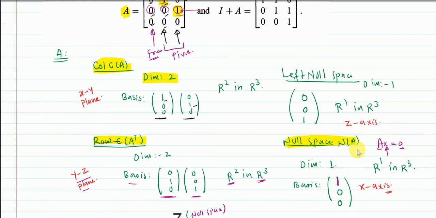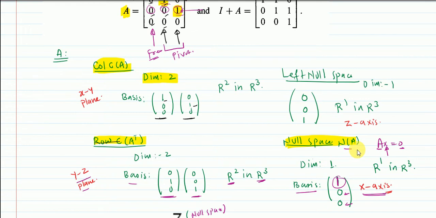So we have found x1 = 1, x2 = 0 and x3 = 0. We can consider this special solution as the basis for the null space. And if you look at this vector, it is nothing but the x-axis. So the null space is spanning the x-axis.